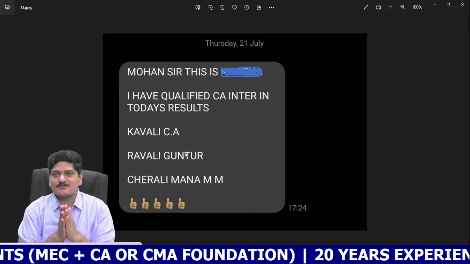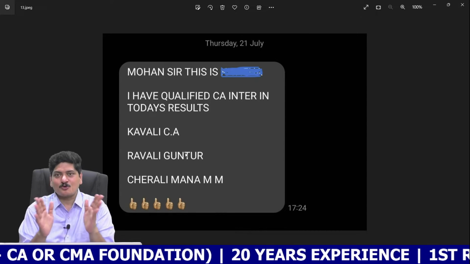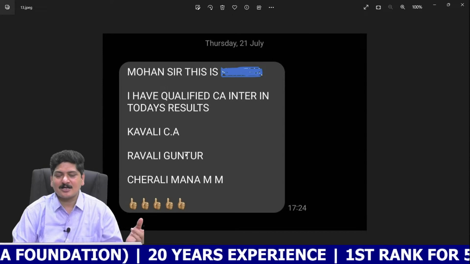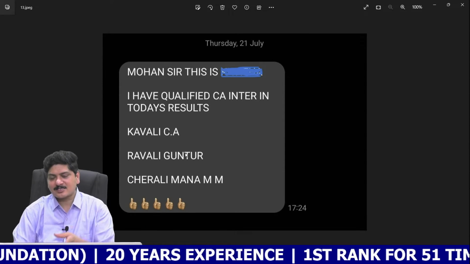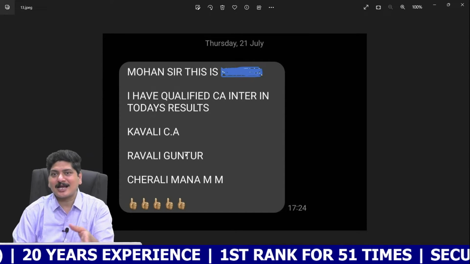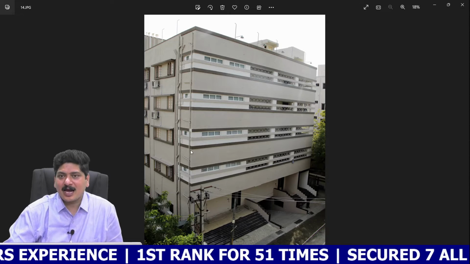You all know that Kota is very much famous for IIT courses. It's there in Rajasthan. Guntur is like a Kota of Rajasthan. In case of Kota, that is famous for IIT coaching, whereas in case of Guntur, it is famous for CA and CMA coaching.